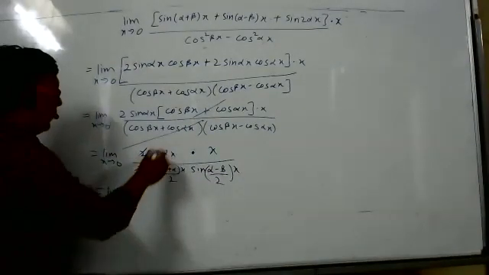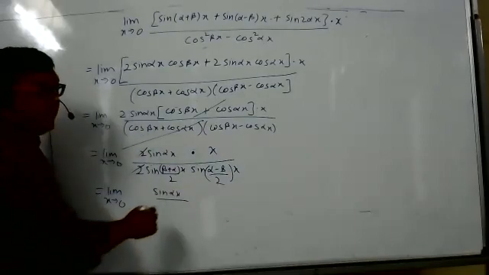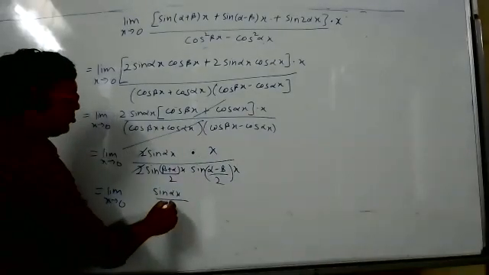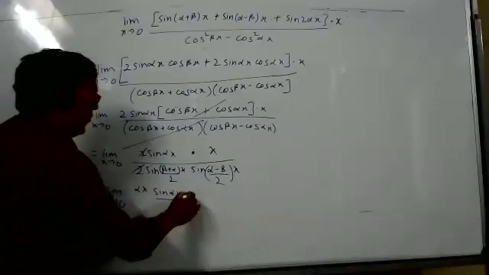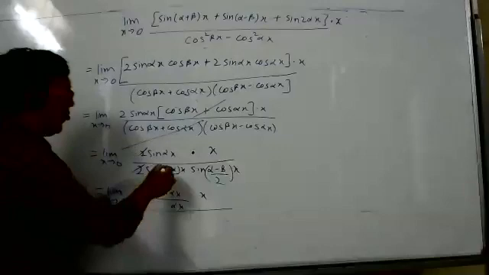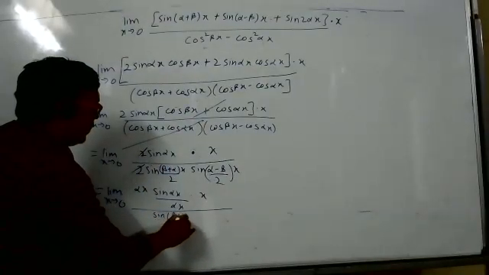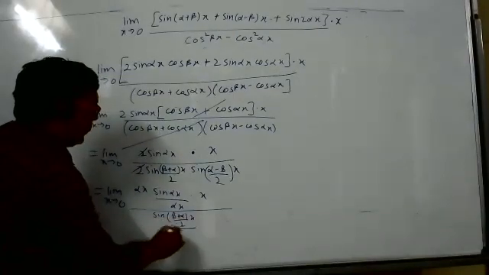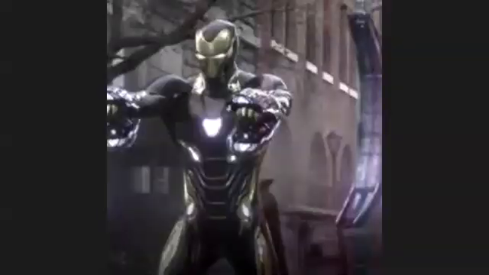Here it is sine alpha x. Since the angle is alpha x, with what should I divide? By the angle itself, alpha x, and I should multiply with alpha x. In the denominator the angle is (beta plus alpha) by 2 times x, so I should divide by (beta plus alpha) by 2 x and multiply with (beta plus alpha) by 2 x.